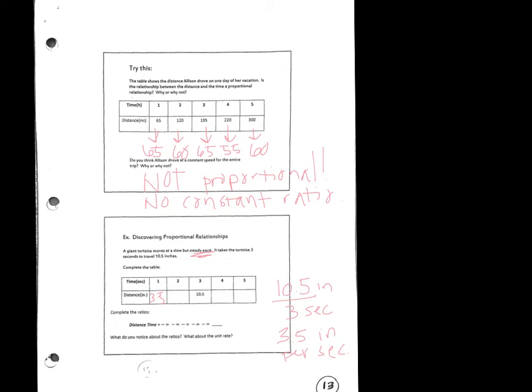After 2 seconds, he's gone 7 inches. 4 seconds, he'll have gone 14. And after 5 seconds, he'll have gone 17.5 inches. And if you compare each of the ratios by dividing the dV by the IV, you're going to notice that the ratios are all constant. Which tells us that it is proportional. Let's go ahead and flip the page.